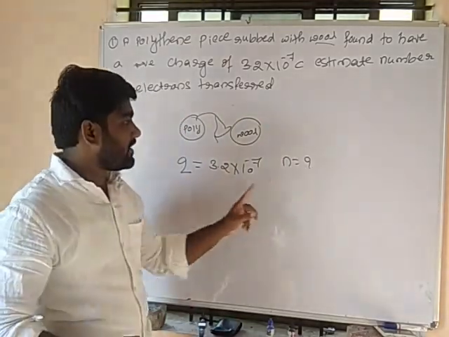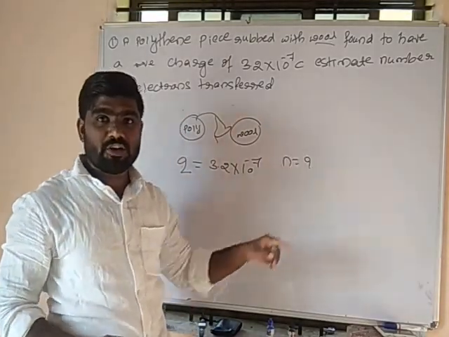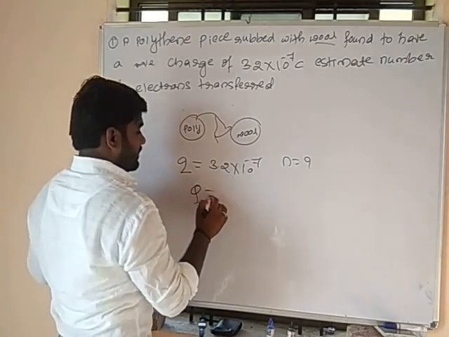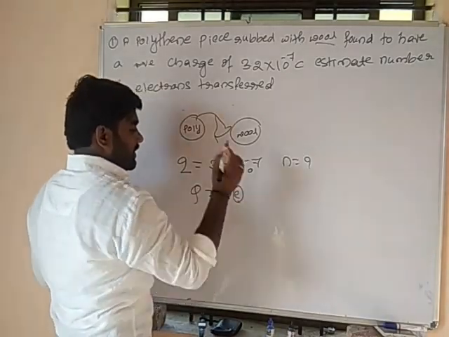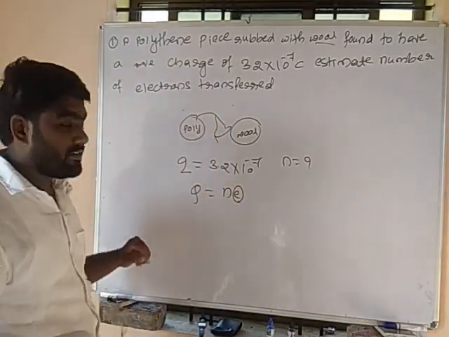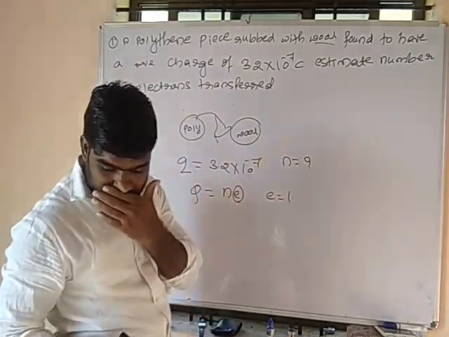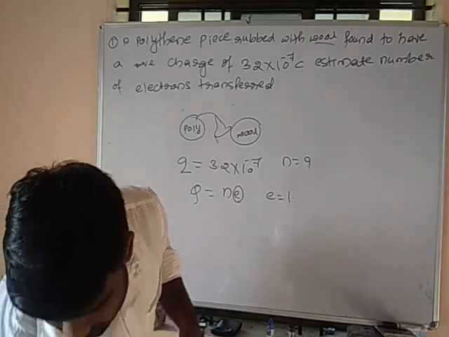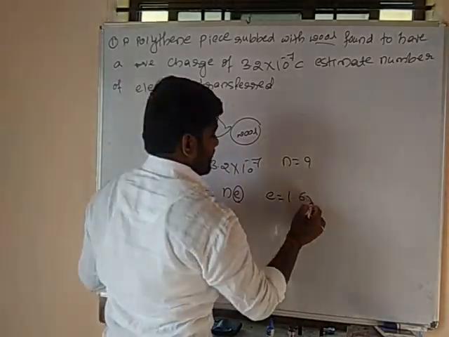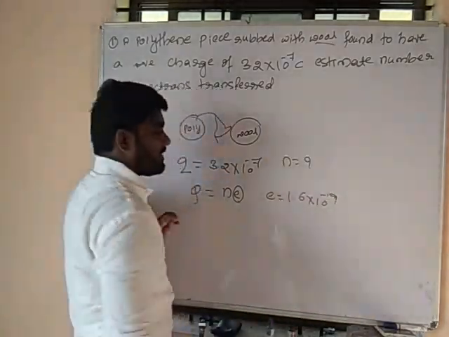So Q is given, N is to be found. From the formula, Q is equal to Ne. What is the charge of an electron? This E is equal to 1.6 into 10 to the power minus 19.